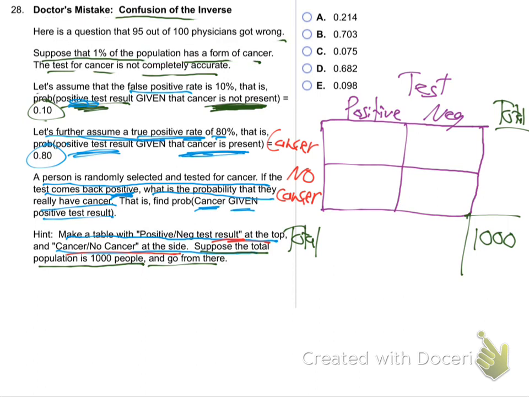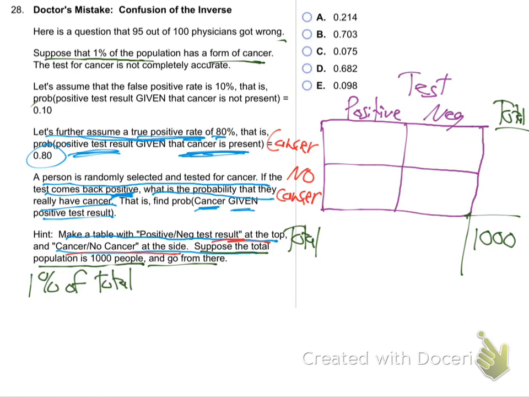Let's back up and try from the beginning. So first fact, 1% has cancer. 1% of the total population has cancer. So remember, we just made up this 1,000. This would work for any number. 1,000 is just convenient.